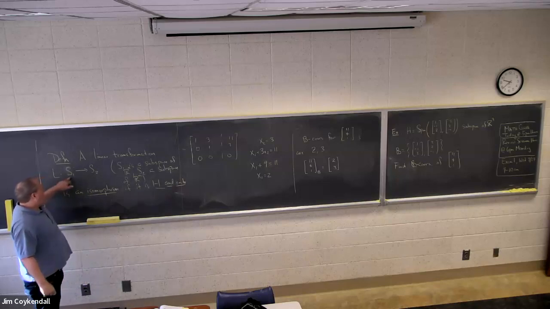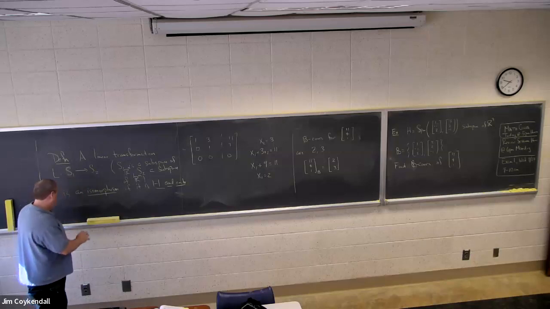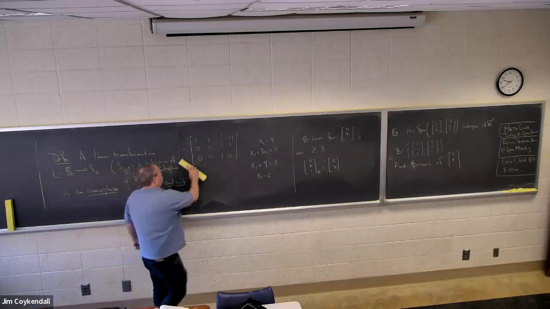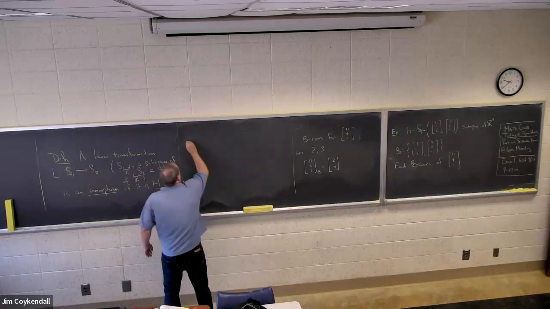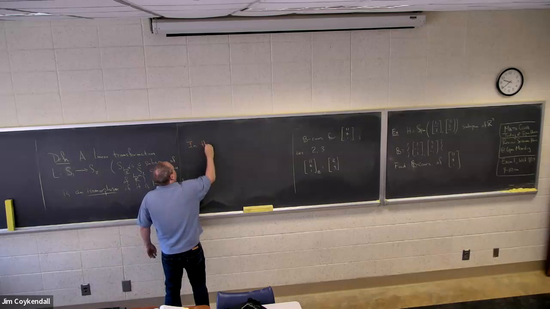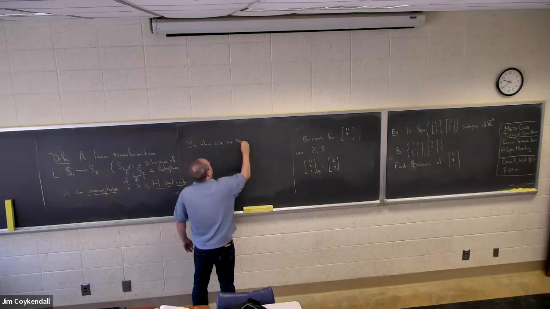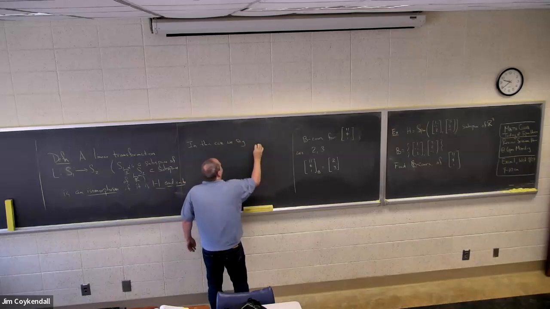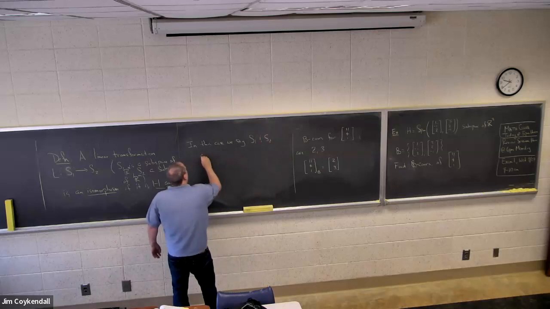So in other words, the vectors from here to here are paired off. It's 1-to-1 and onto. Everything's covered, and no two different ones go to the same thing. In this case, we say S1 and S2 are isomorphic.